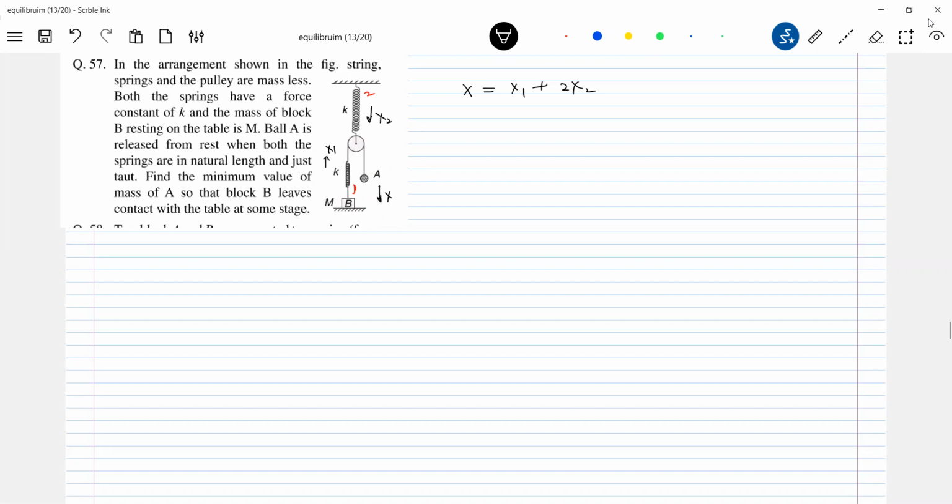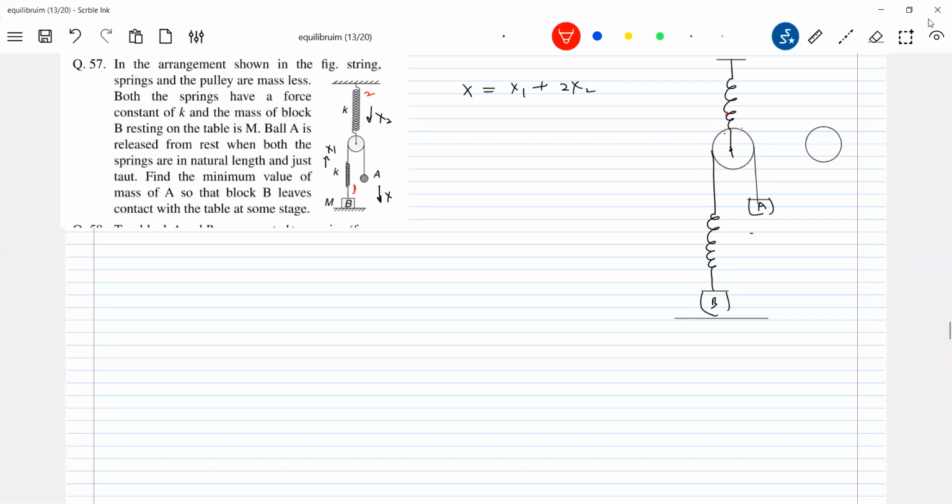Then let's look at the pulley, what are the forces that will be acting. The forces acting here are kx2 and this should be kx1 each.